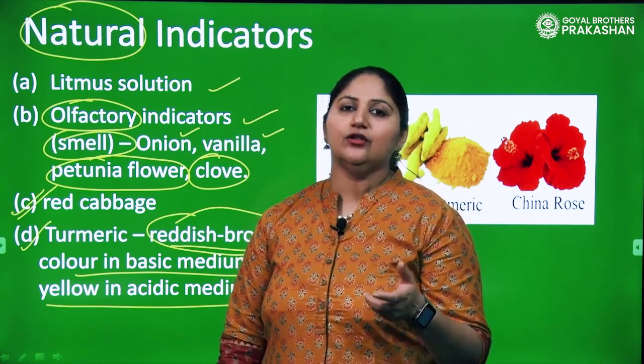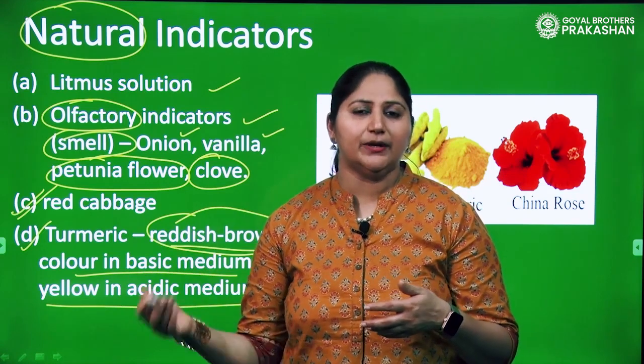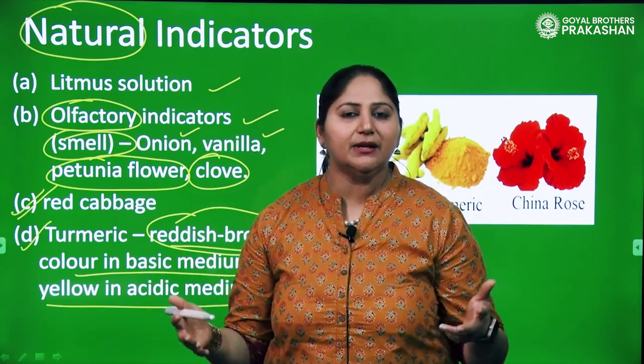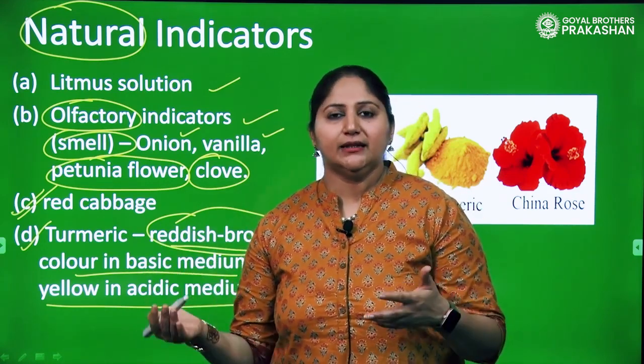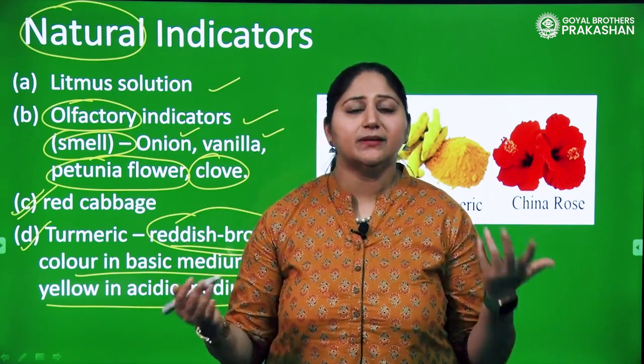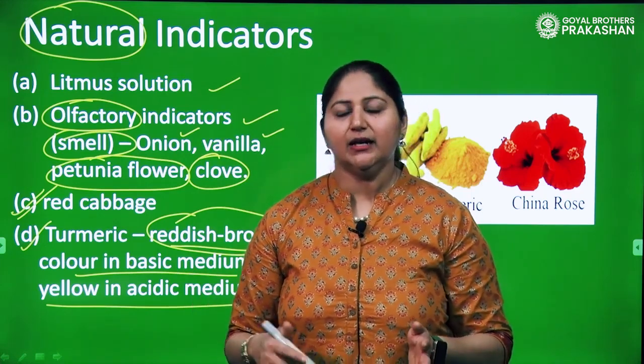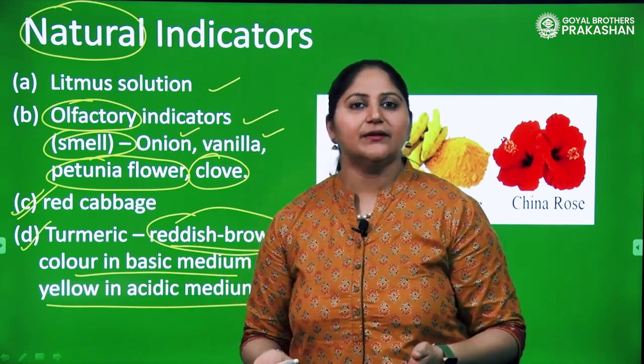We can also use them to identify whether a substance has changed its property, because during summers milk could convert to curd or become spoilt. We can identify the acidic property of the milk by using indicators, right.